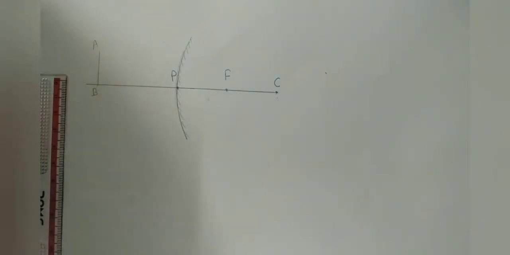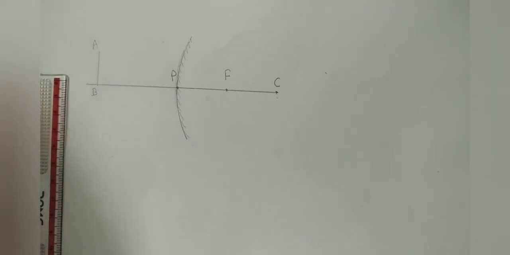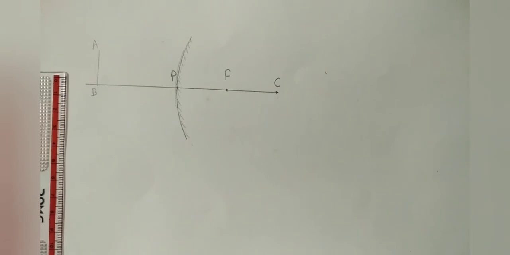Now we will take two rays. First, the ray which is going parallel to the principal axis. After reflection from convex mirror, it appears that it gets diverged from the principal focus. And second ray, the ray which is directed towards the center of curvature, will follow the same path after reflection.